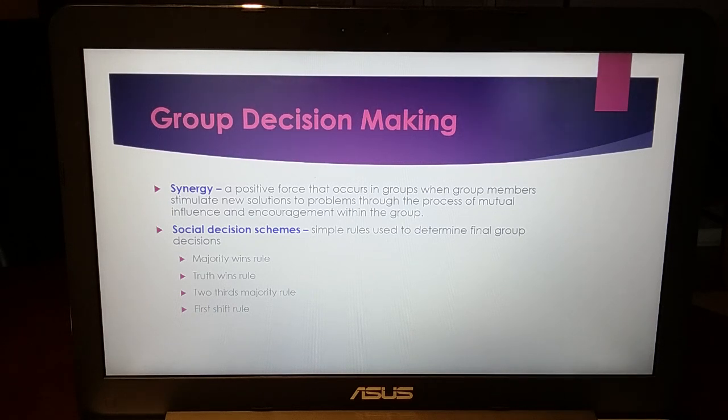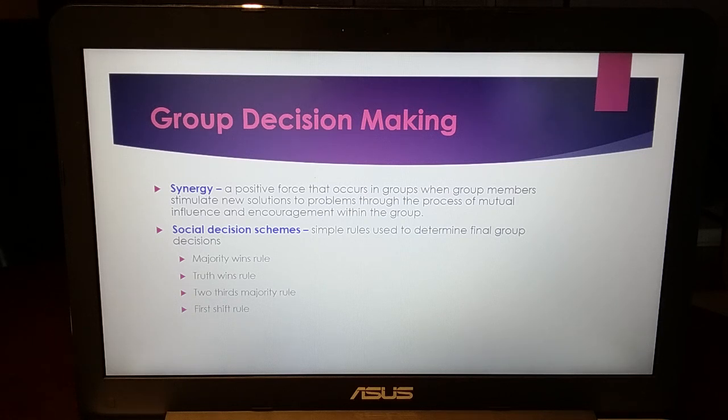Okay, so also there's this idea of social decision schemes, and those are sort of these simple rules that people come up with. There's a couple of them that we talk about. The majority wins rule, essentially that the group supports whatever position is taken by the majority of people. Truth wins rule says that the correct decision will emerge as an increasing number of members realize its appropriateness.